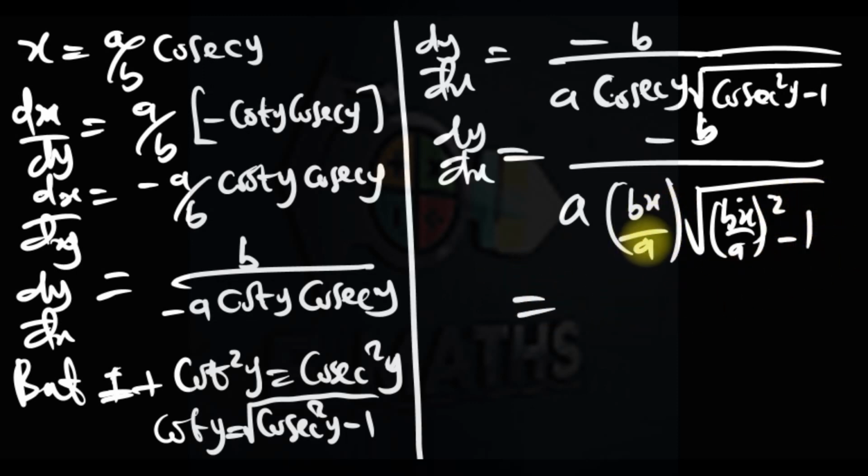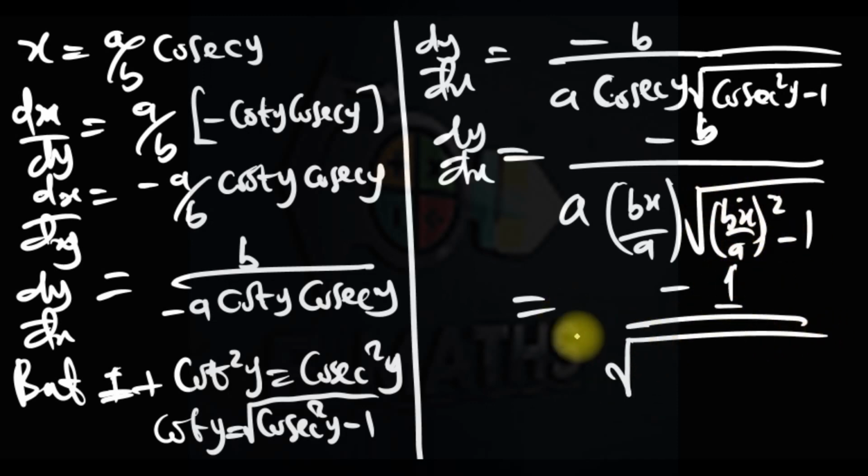So this is, as you can see, a, and I have b, so I have minus 1 over x times the square root of b squared x squared over a squared minus 1. There's x here, to get a, b, so we left x down here.